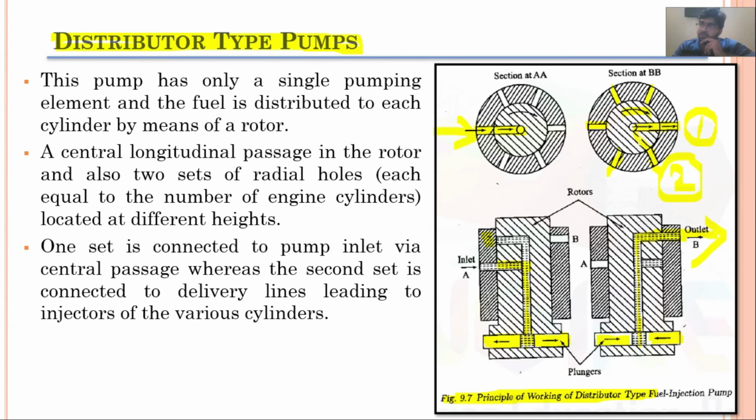Now it has further rotated and this radial hole has aligned with the third passage. The fuel will be injected into the third cylinder, and then to the fourth, fifth and sixth, and then this cycle will keep going on. This is how distributor type pumps operate for multi-cylinder engines.